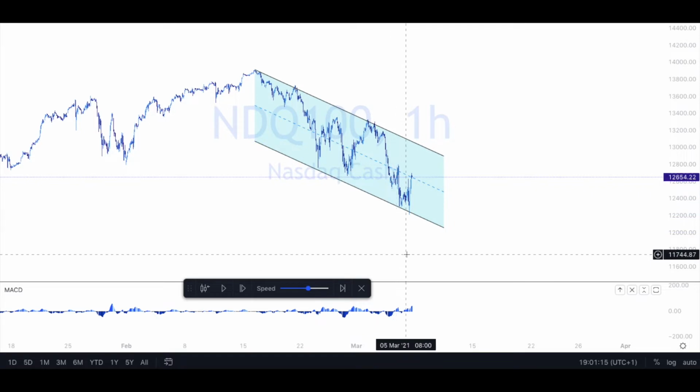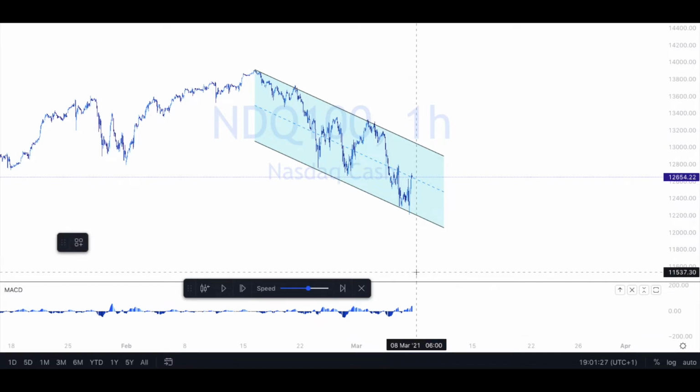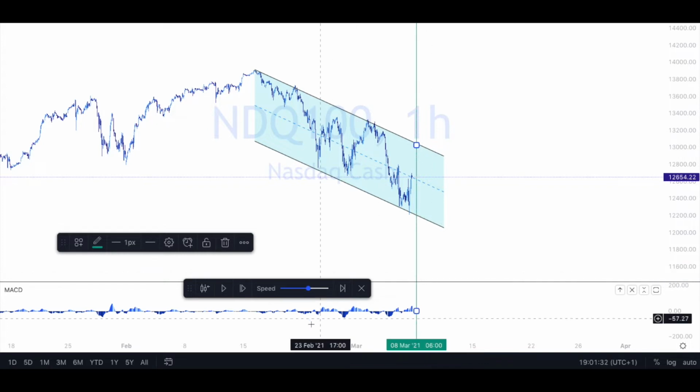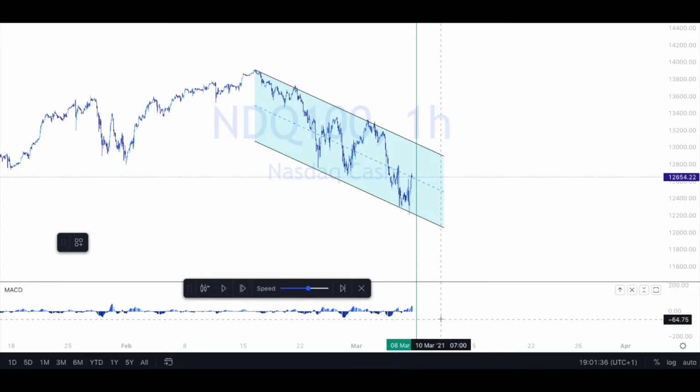Then let's look at time zones, because I'll be up from 6 in the morning to 11 at night.